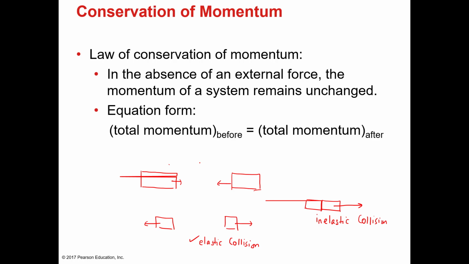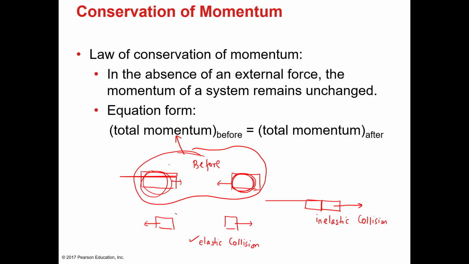What that means is you have some momentum of this object, you have some momentum of that object, and the total momentum is the momentum of the two objects. So the total momentum before collision would be equal to the total momentum after collision.